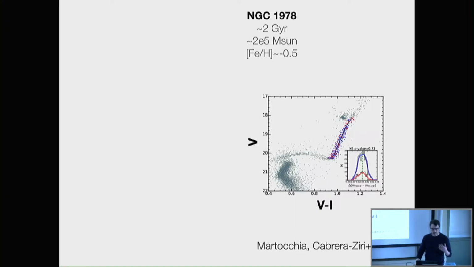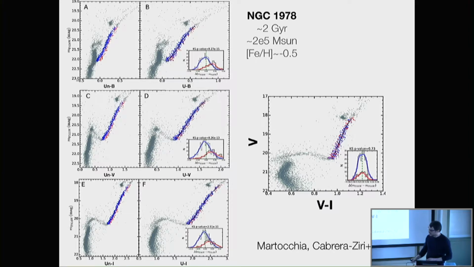However, if you use the special combination of filters sensitive to nitrogen variations, you're going to see that all these blue and red populations that were on top of each other, they separate. So the red stars are preferentially to the red, and the blue stars are preferentially to the blue of the RGB. And this is significant.